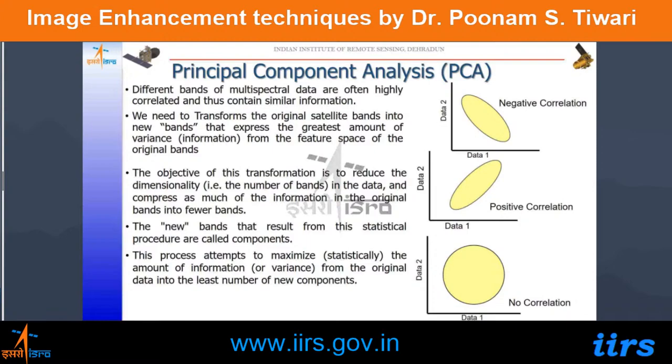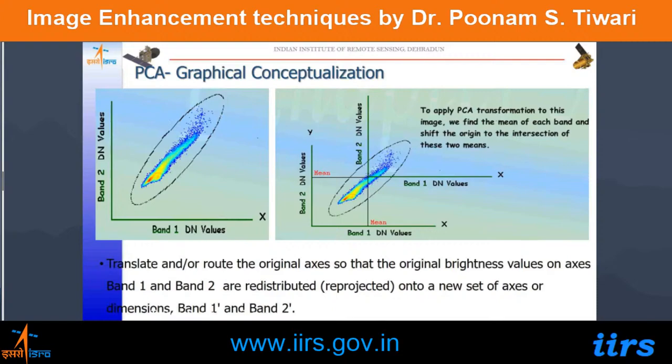We will take the intersection of these means and shift our origin to this particular intersection of means. So to apply the PCA transformation, we find the mean of each band and shift the origin to the intersection of these two means. So you can see we have shifted the origin to the intersection of the means.